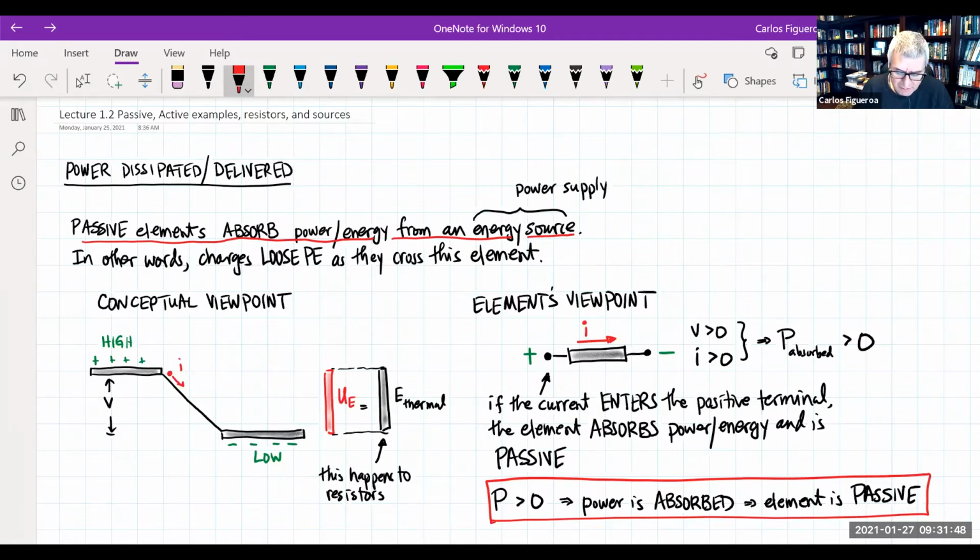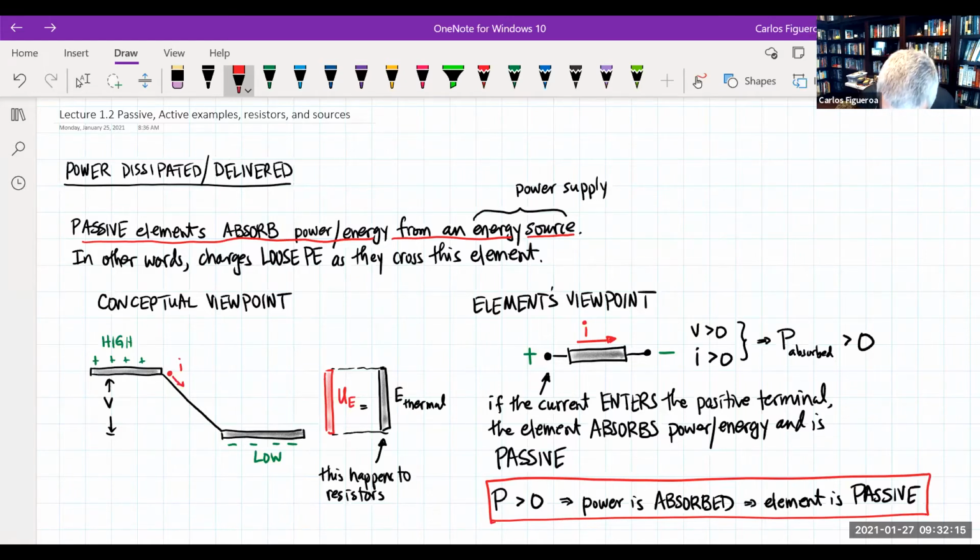And that potential energy, if I have a resistive element, goes into thermal energy in the circuit. I mean, it goes to some other things, but primarily it goes into thermal energy. So when I say it absorbs power, I really mean that it loses electrical potential energy. But it's electrical potential energy lost as it crosses that element.